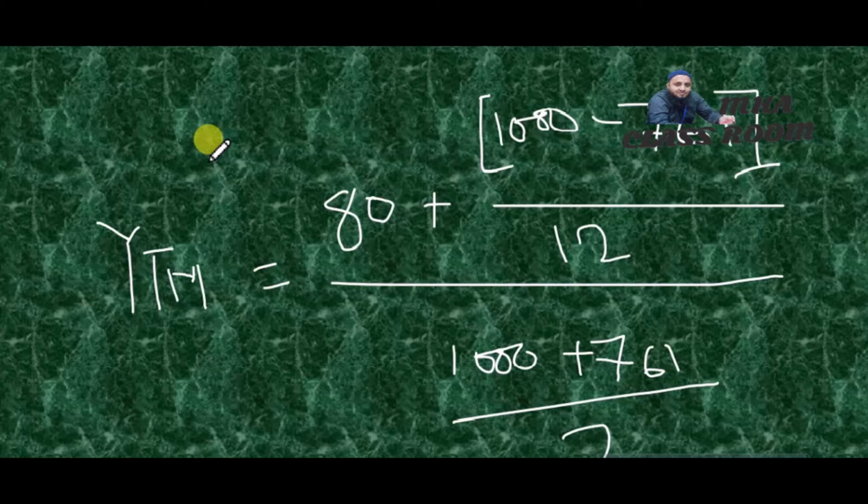By solving this on our calculator, we will see our approximate yield to maturity is 11.35%.